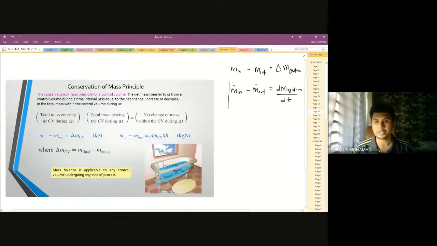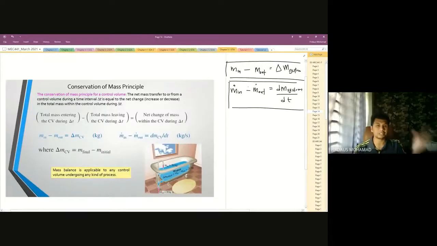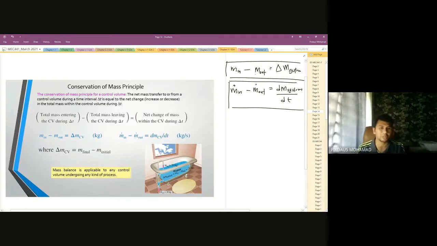So this is basically conservation of mass. Yang masuk tolak dengan yang keluar sama dengan perubahan, change of the mass into the system.